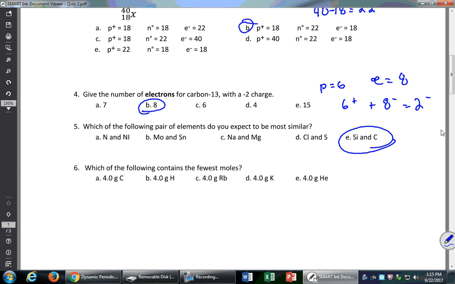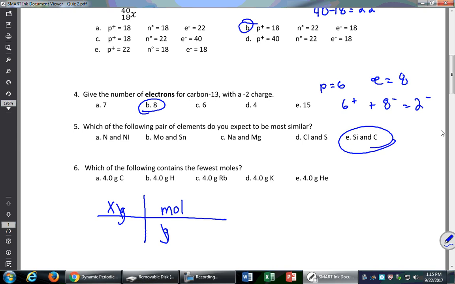Here, which one has the fewest moles? Well, they all start out with 4 grams. So we're starting with the same amount. And we can look at our grams per mole on the periodic table. That means we're going to have our grams at the bottom.